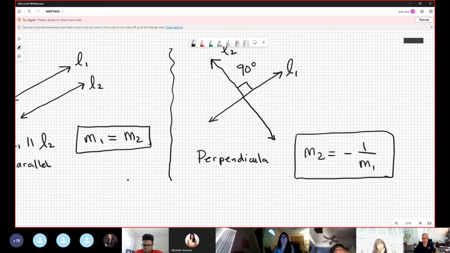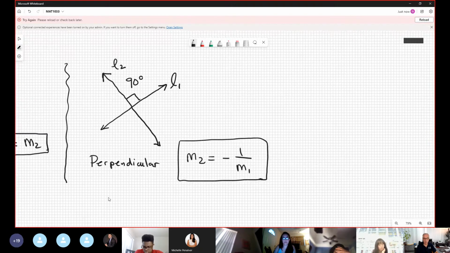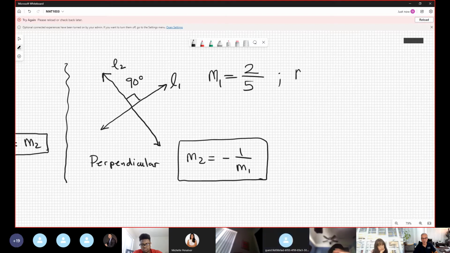Let me explain with an example. Suppose that we have 2/5 as slope 1. I need to find the slope of the other line that is perpendicular. It's easy. You flip that and change the sign. Do you understand this? Okay. Confusing scenario: suppose slope 1 is 2.